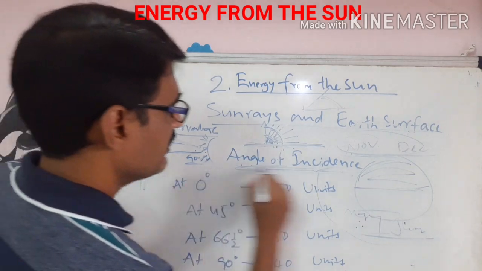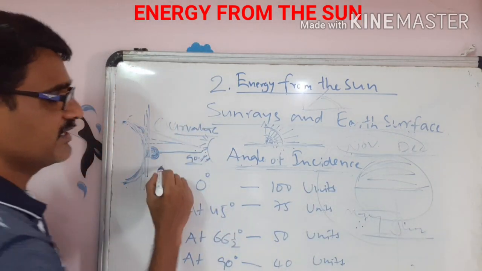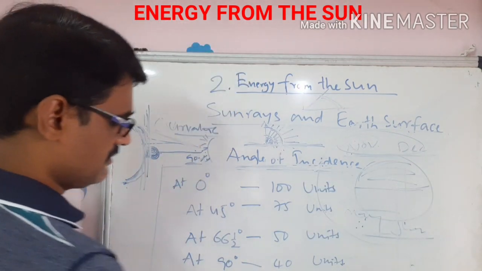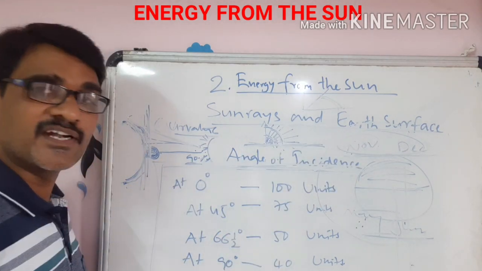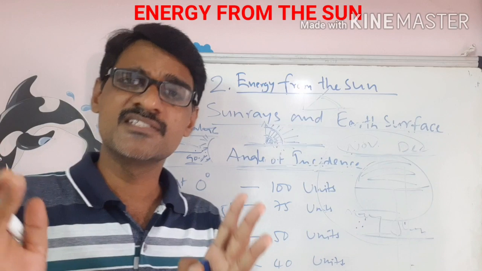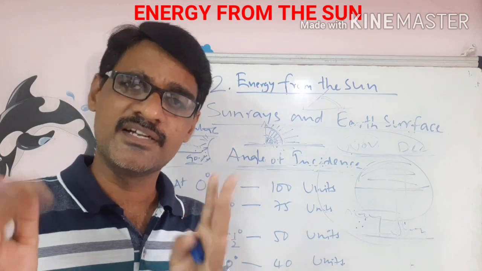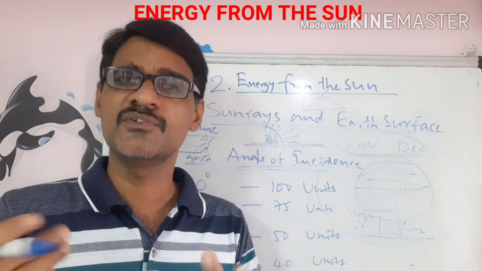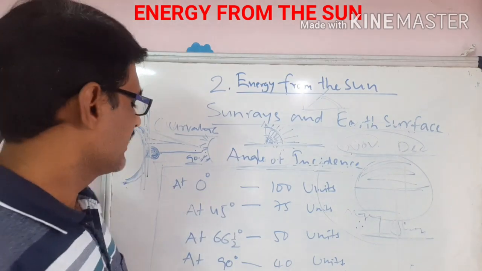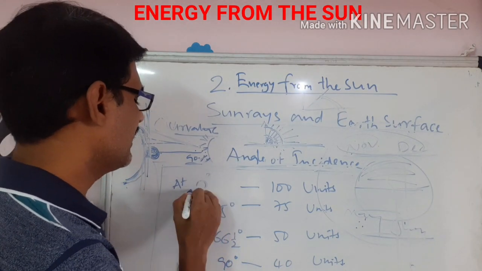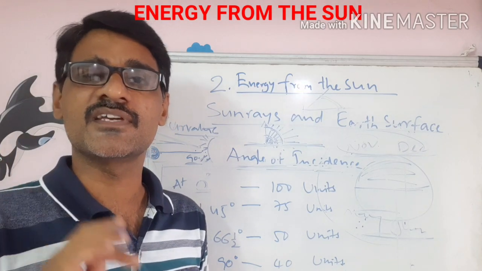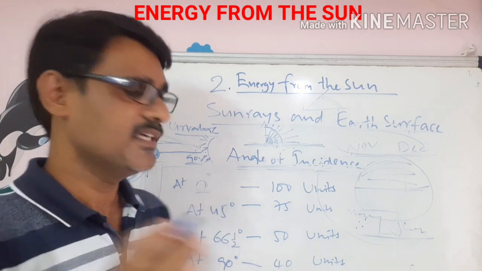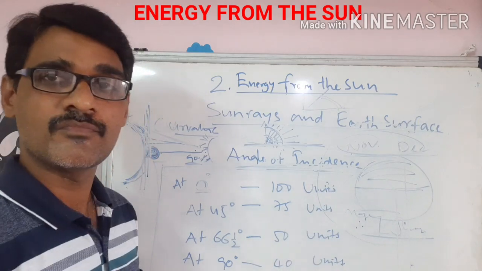We can observe the insolation received at different latitudes, the amount of radiation we receive at different latitudes. You can see at the 0 degree latitude, for example, 100 units are received.